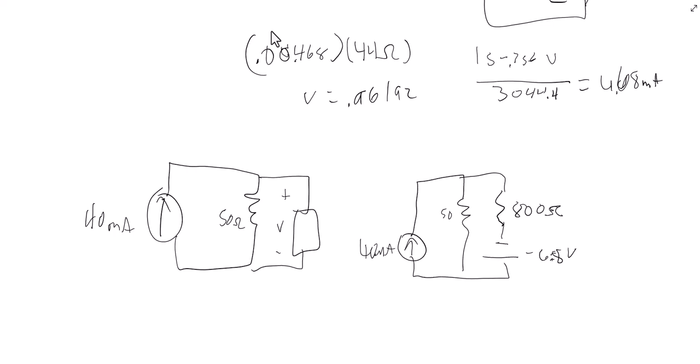So how do I want to solve this? What are we looking for anyway? We are looking for V, so we're looking for the voltage across it. To get the voltage across, I need to know the current through the 800 ohm resistor.